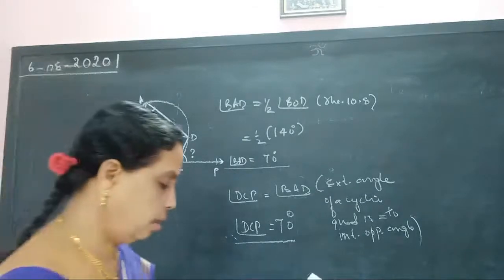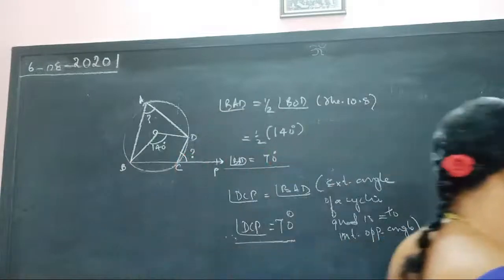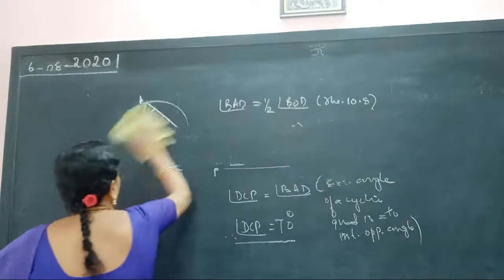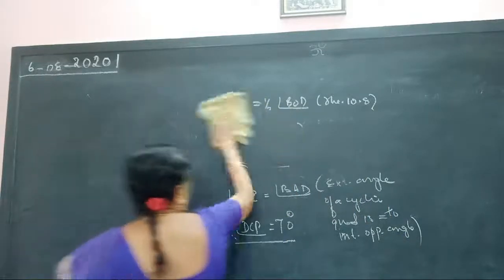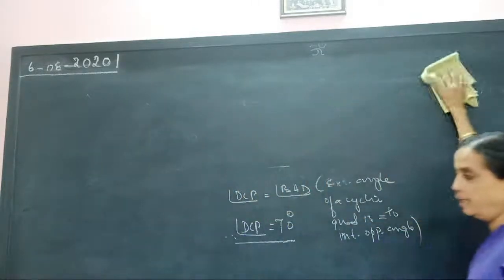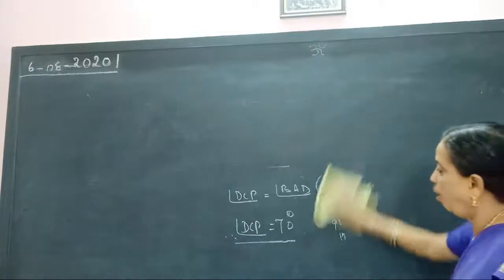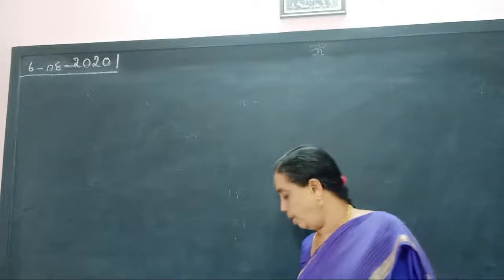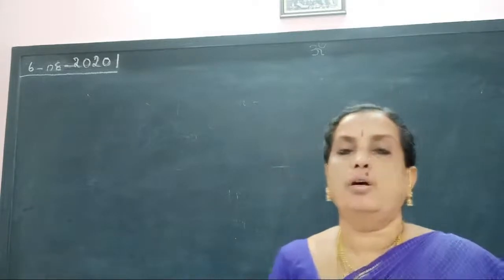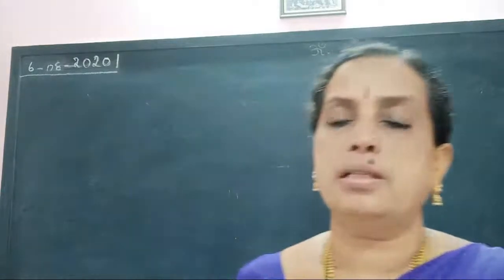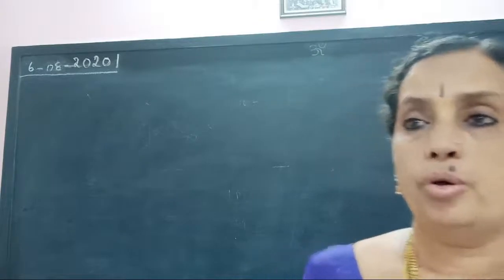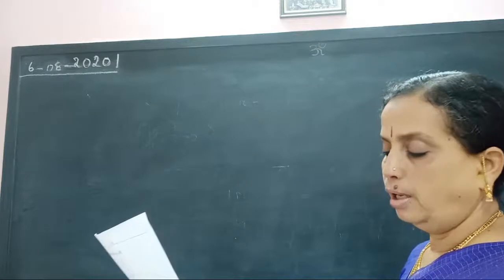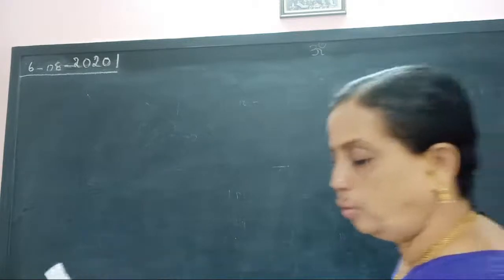In the figure, we have to prove AD parallel to CF. To show any lines parallel, either their alternate interior angles should be equal, corresponding angles equal, or co-interior angles supplementary. If you show any one of these, then we can say AD is parallel to CF.